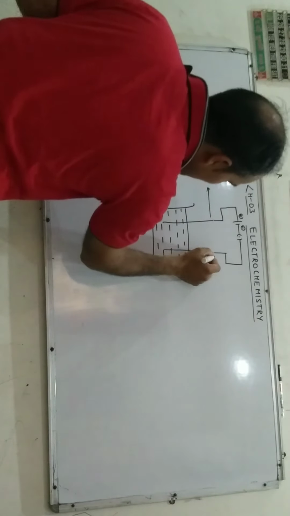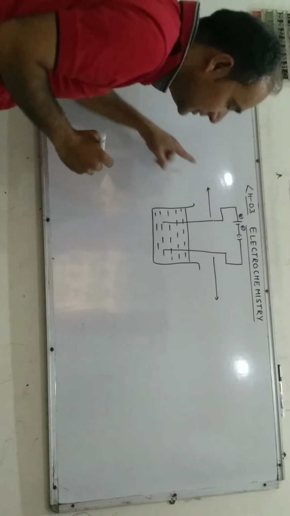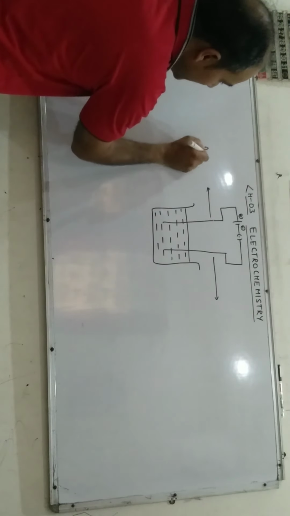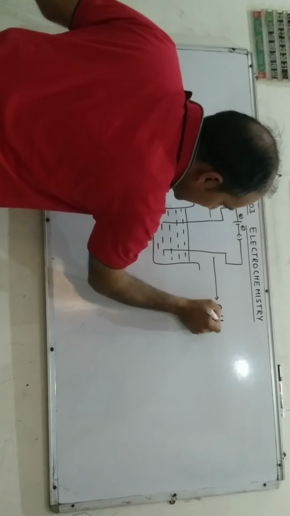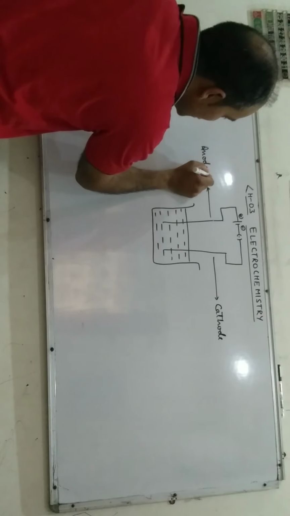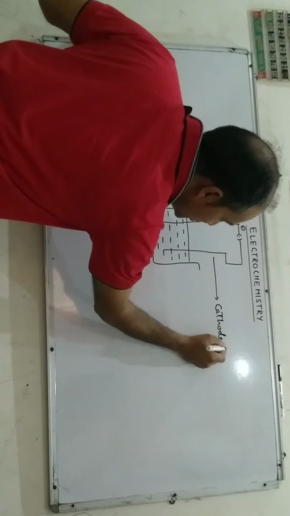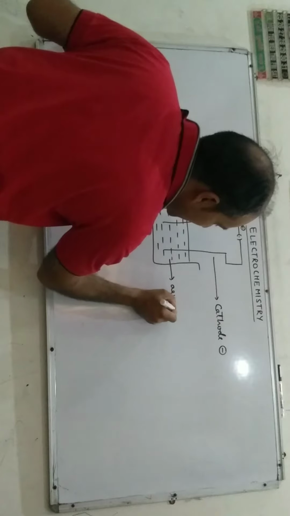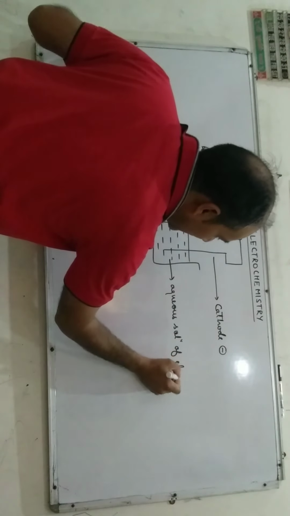This terminal, the positive terminal, is called anode, and this one is called cathode. Anode is generally positively charged, cathode is generally negatively charged. Here is the aqueous solution of electrolyte.